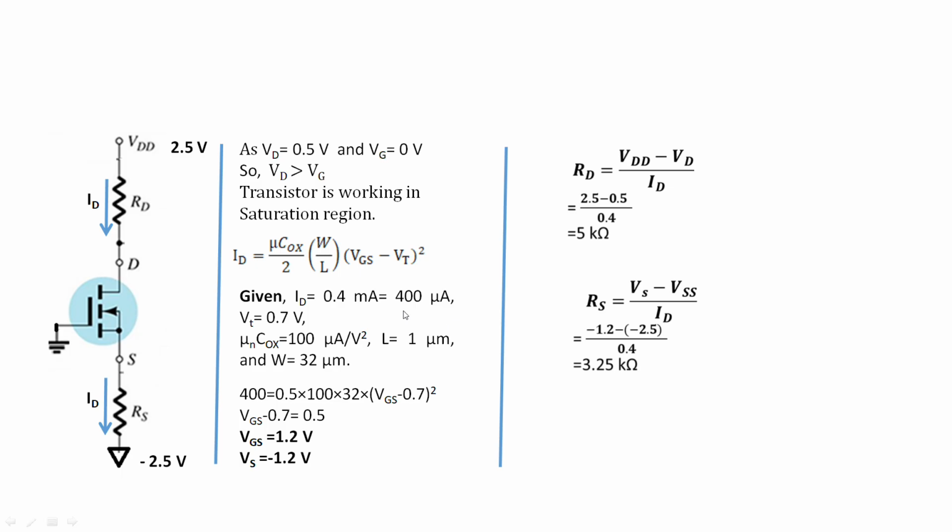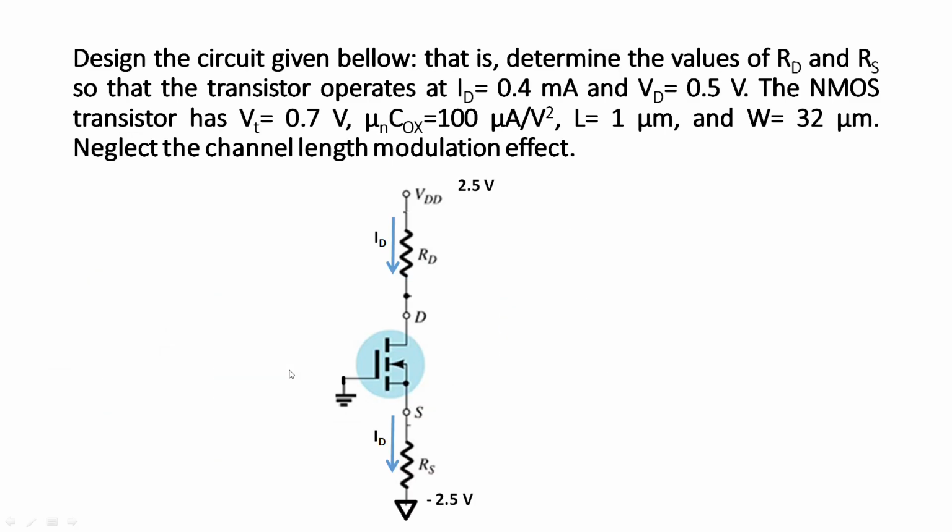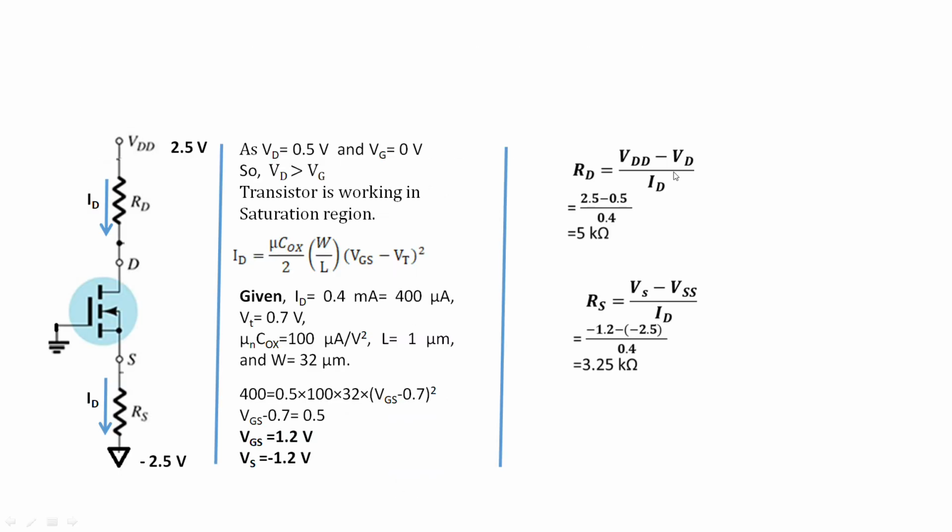Threshold voltage is 0.7 volt and mu Cox is 100 microampere per volt square, L is 1 micrometer and W is 32 micrometer. Using these values we can easily find VGS from this equation, and that will be VGS equals 1.2 volt.